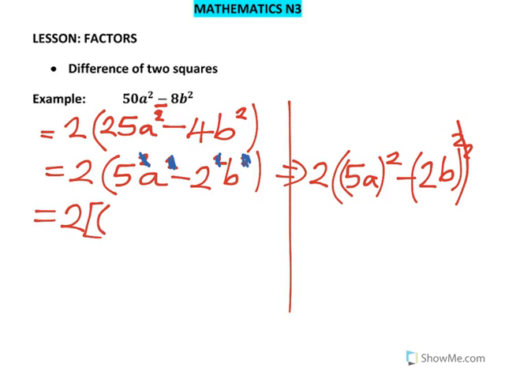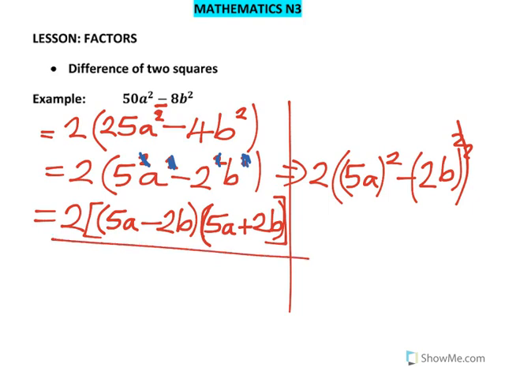You are seeing 5a minus 2b. This is what you see when you remove those squares. But again, remember, in a difference of two squares, you rewrite the same thing in brackets, but now with a positive sign: 5a plus 2b. Then you close the square bracket. This is what we mean by factorizing a difference of two squares of this nature.